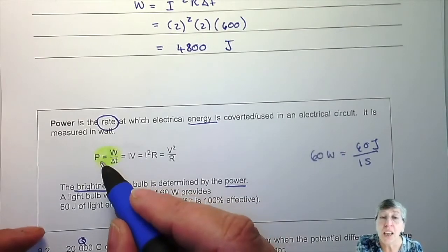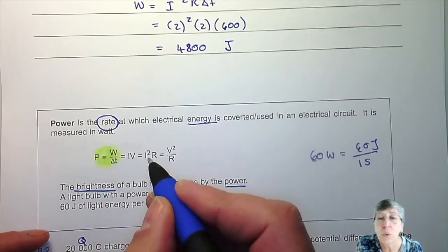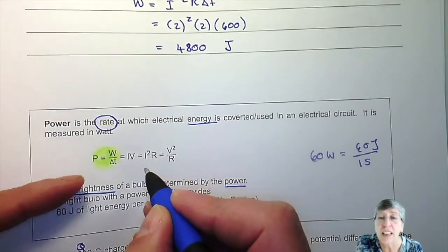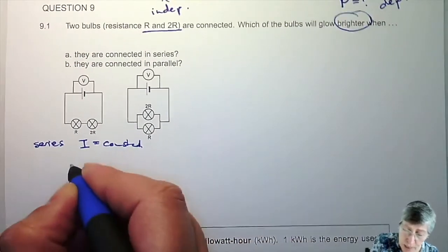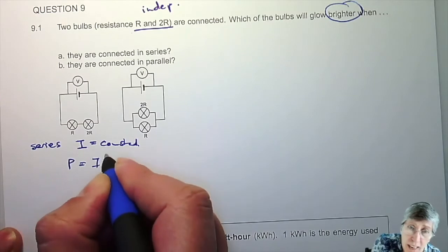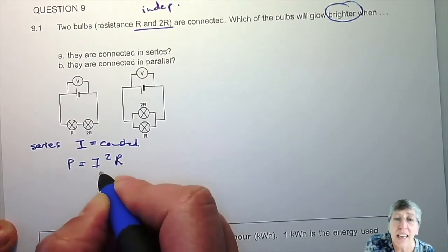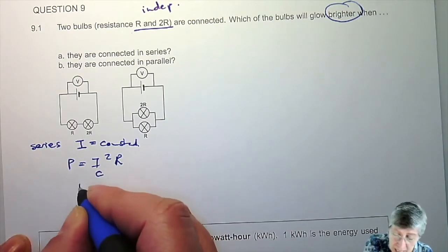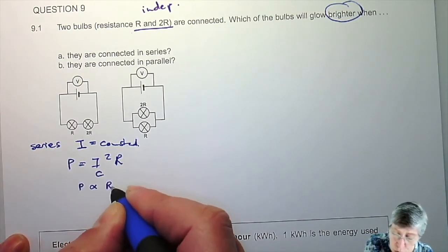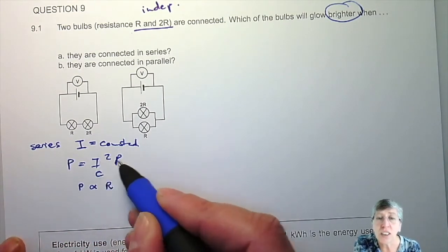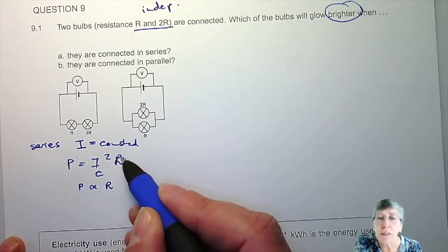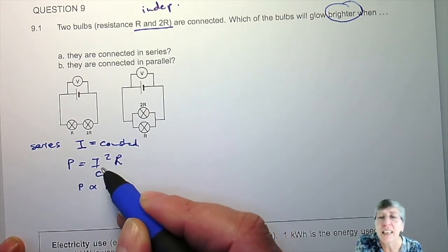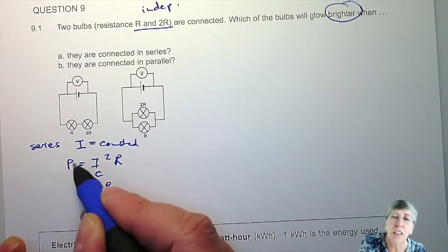So if we look at the equations, you had P equals I squared R that I can use there. So P equals I squared R, and now I is a constant. And if that one is constant, it means P is directly proportional to R. This one is constant, so if this one doubles, then the whole right-hand side doubles, and then the left-hand side will double as well.